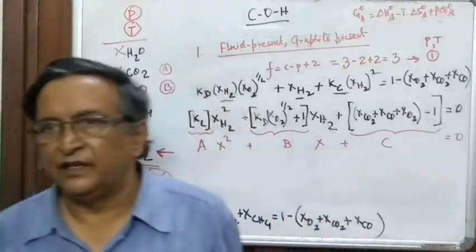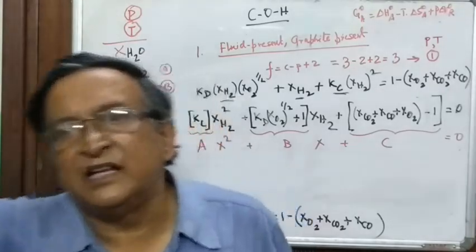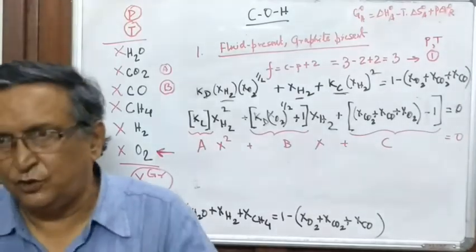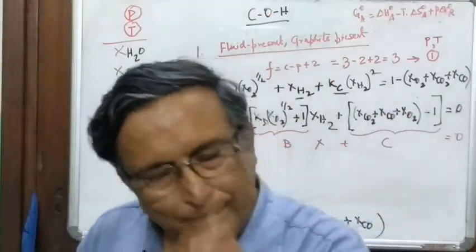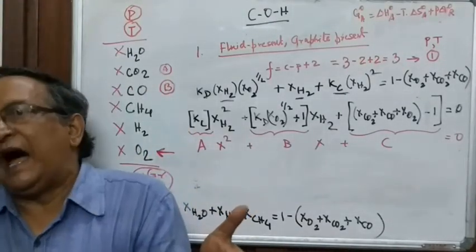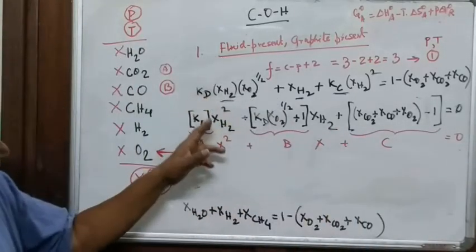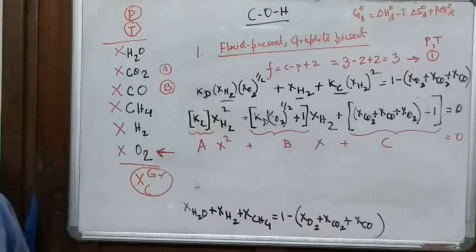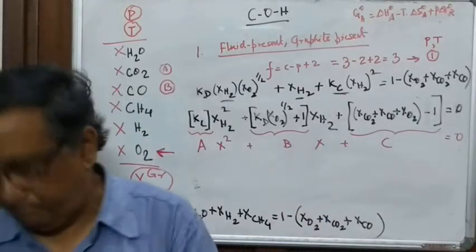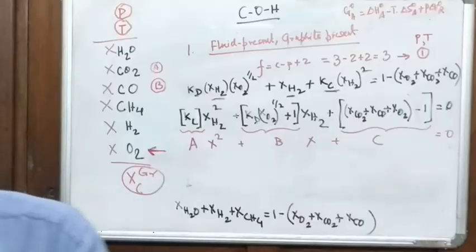So we have one constraint there. If you get two real solutions, minus b plus minus root over b square minus 4ac by 2a, that famous equation which you did in school, and you have XH2 values outside 0 to 1, they are wrong. Also, if you have XH2 values which are unreal, that means root of minus, they are wrong. So you take only those that are real, between 0 and 1.